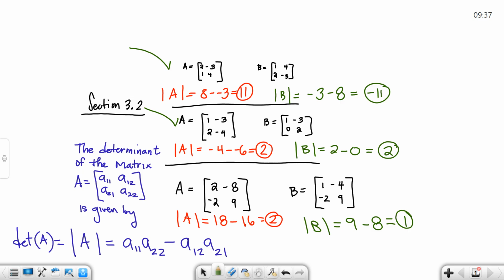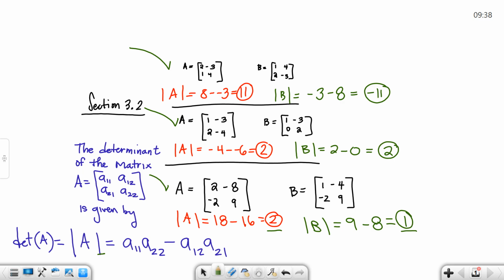For the third one, it says, when B is obtained from A by multiplying a row of A by a non-zero constant C, the determinant of B equals C times the determinant of A. On this one, I went from A to B by multiplying by 1/2, so the same is true for the determinants. I went from A to B by multiplying by 1/2 in the determinants.